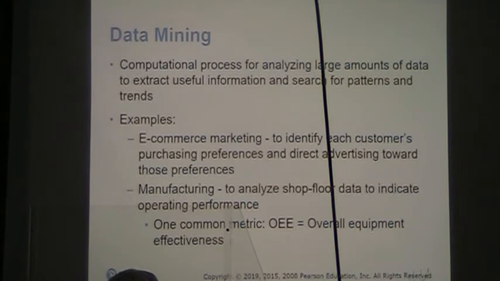All right, so when we're analyzing shop floor data, one of the metrics used is called OEE, or Overall Equipment Effectiveness. This is a way of looking at the utilization of equipment throughout the plant and saying, we're doing pretty good.